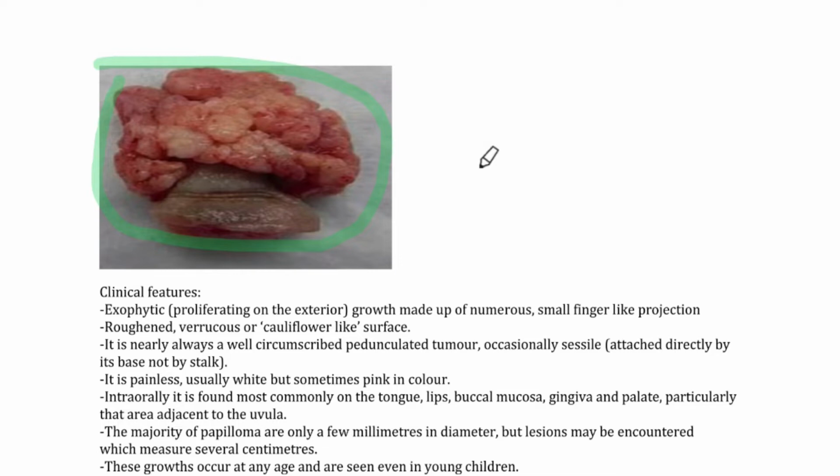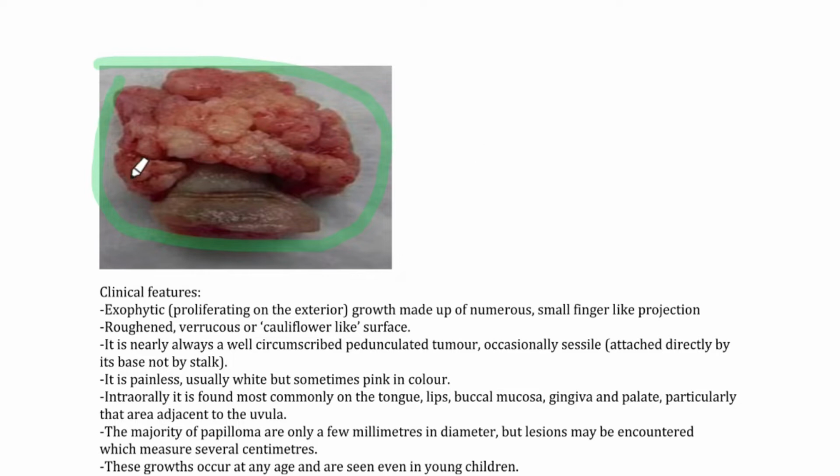The clinical features are exophytic growth made up of numerous small finger-like projections. Exophytic means which is proliferating on the exterior of the epithelium. Then it has a roughened, verrucous or cauliflower-like surface.